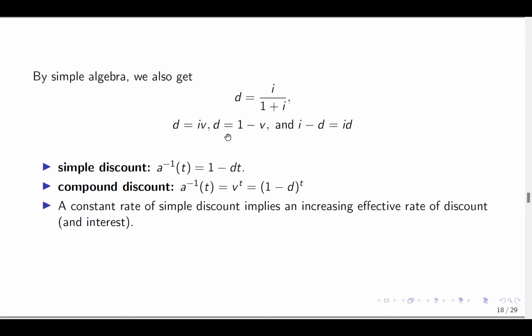There are other ways you can manipulate these formulas to get other relationships, like d equals iv, d equals 1 minus v, and i minus d equals id. So let's look at a few of them as I illustrate them here.